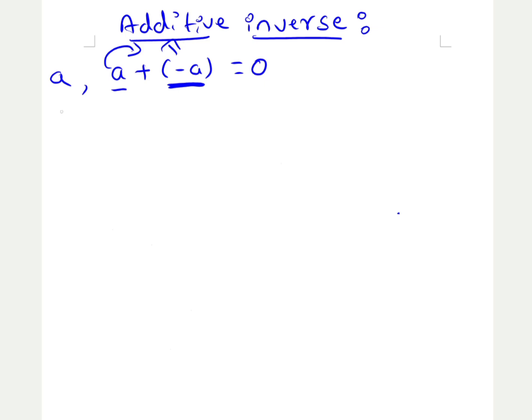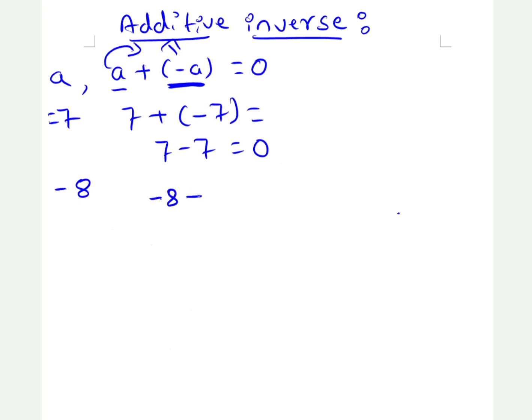For example, take a as 7. 7 plus minus 7 is equal to 7 minus 7 is equal to 0. Take a as minus 8, because minus 8 is also an integer.